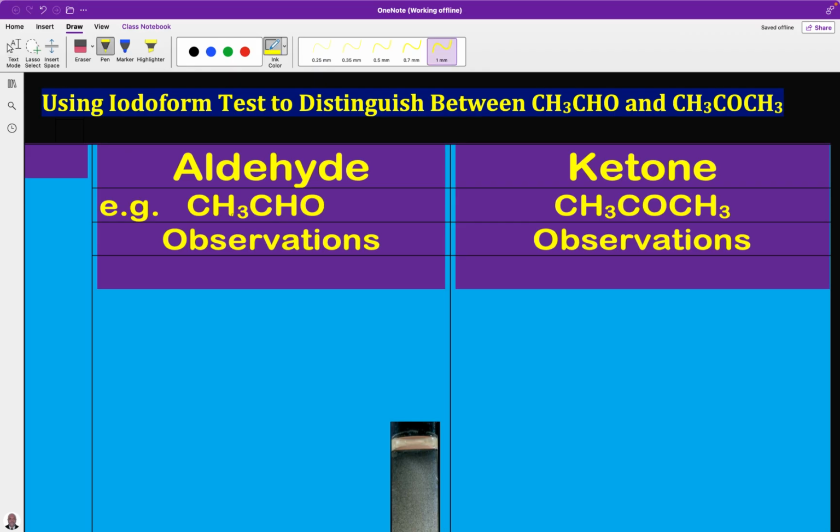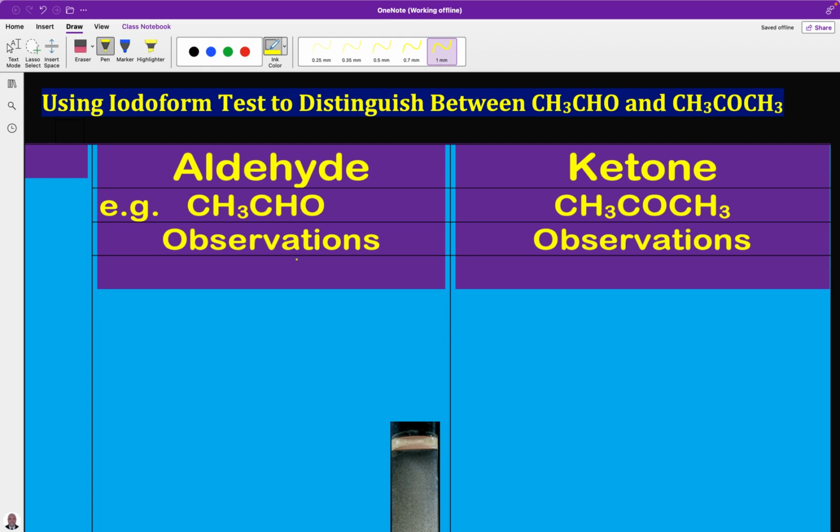Why? The iodoform test is a test that is used to identify the presence of a CH3CH(OH) group. That is a methyl group and a hydrogen atom on the same carbon atom that bears the functional group. That is for secondary alcohol.